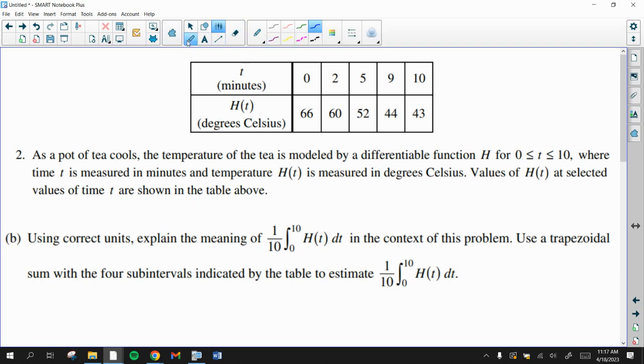So this is, if you remember, the average value of a function. This is exactly what that is. This would be 1 over 10 minus 0 times the integral from 0 to 10 of h. So it determines the average value of the function h. In other words, it's calculating the average value of the temperature of the tea over these first 10 minutes.